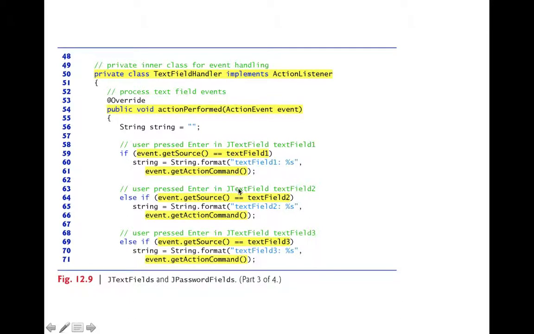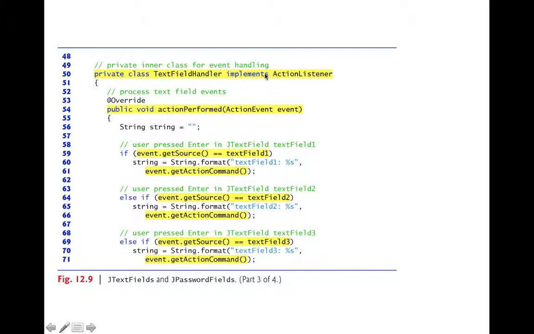Then of course we can say event.getSource, the getSource method of the event object, to say which text field, as an example, did we click on, and depending on which text field we clicked on, we'll do different things. So we create this new text field handler that handles all the events together.